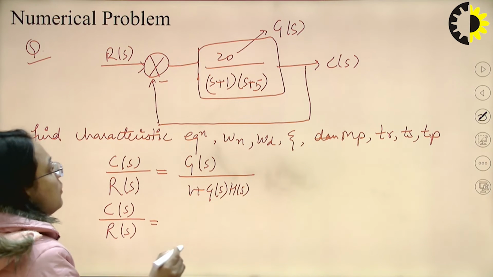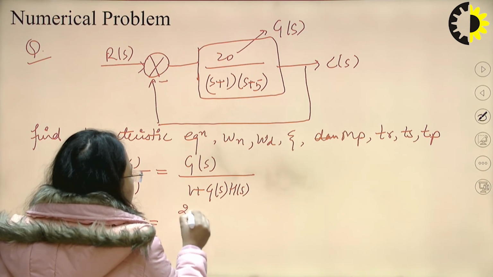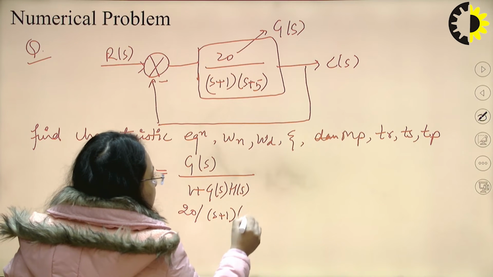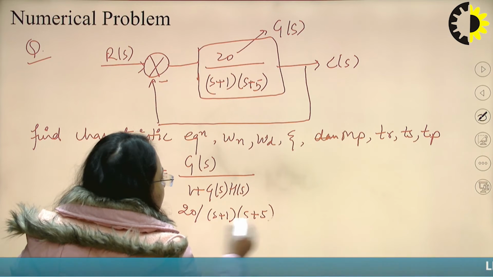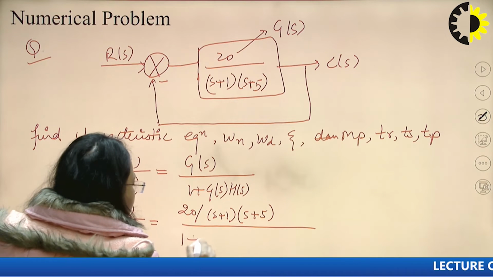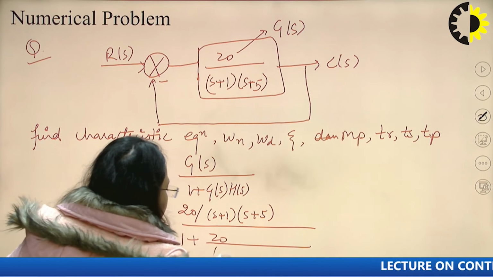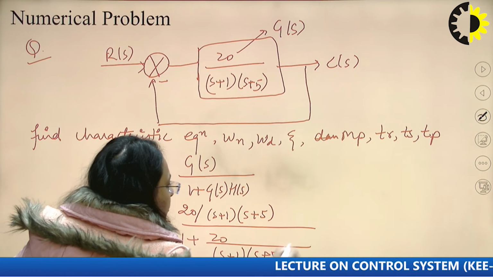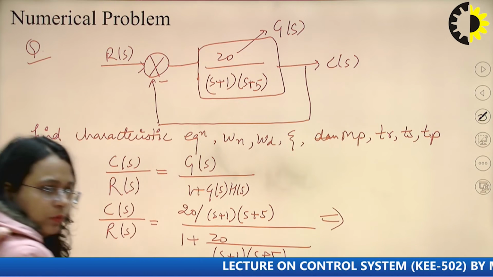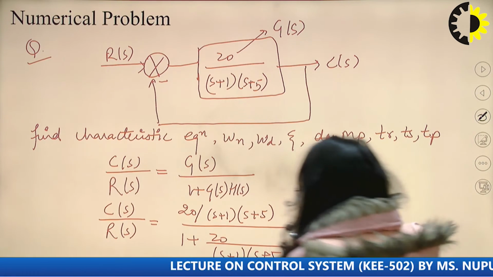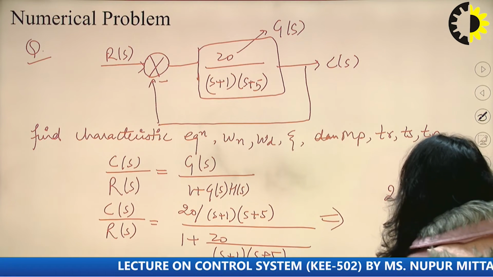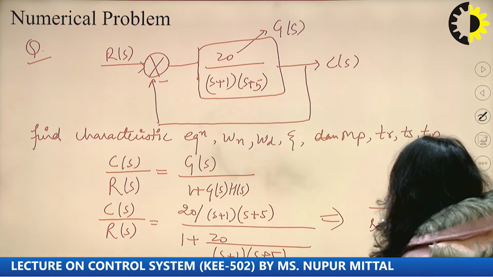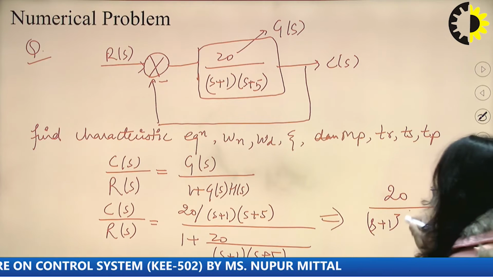Simply we put the value of G(s), which is 20 upon (s plus 1) into (s plus 5), upon 1 plus 20 upon (s plus 1) into (s plus 5). So let me do the calculations here so that I'll feel comfortable. Otherwise, the slide changes and I'll get some difficulty in calculating.